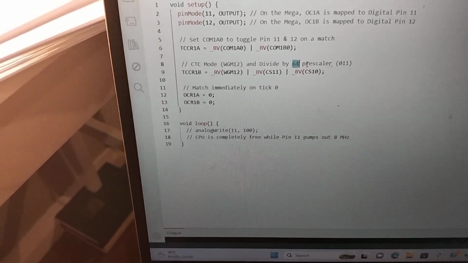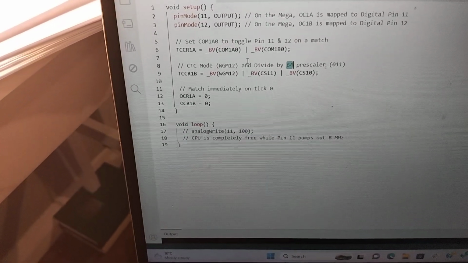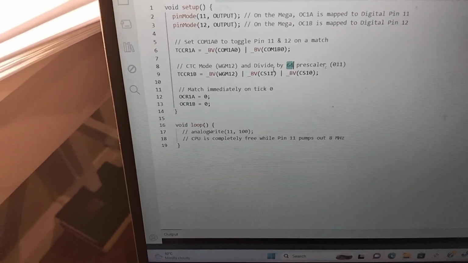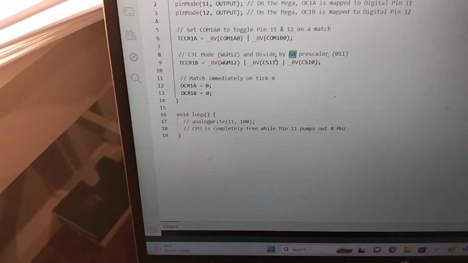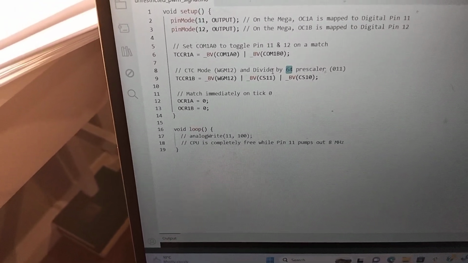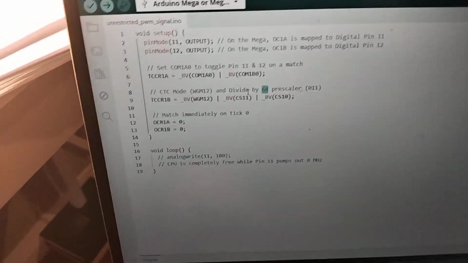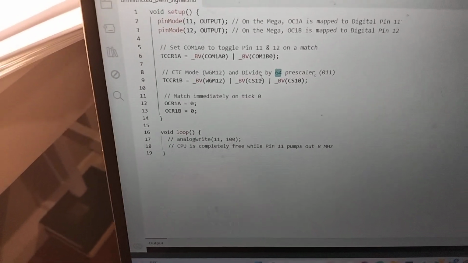What that means is, instead of running this check condition every single tick, it divides the time by 64. So in the end, I get a 125 kilohertz, instead of an 8 megahertz, PWM signal. And yeah, that's what this Arduino code does.